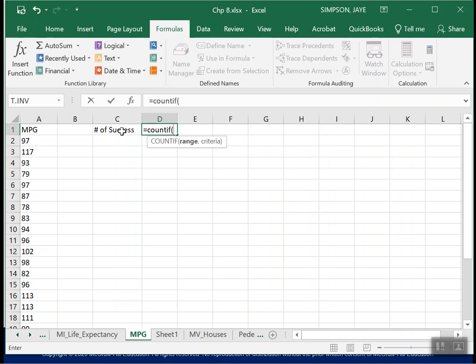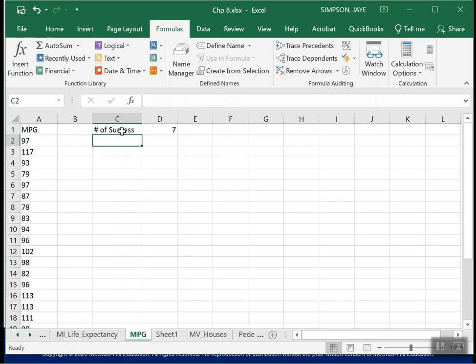Our range is A2 through A26, which is where all of our data is, and our criteria, and here you have to be specific, you put this in quotes, is greater than 100. Now, if we wanted greater than or equal to 100, we would say greater than 99, right? But we're going to say greater than 100, getting over 100 miles per gallon, because that was the claim of the manufacturer.